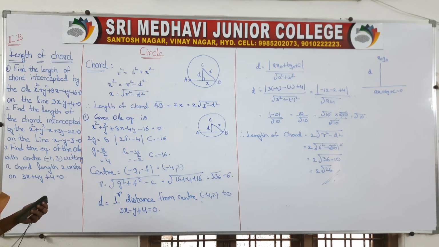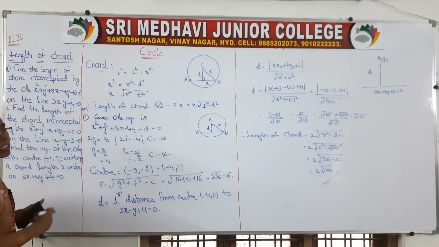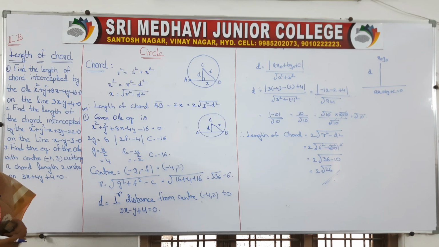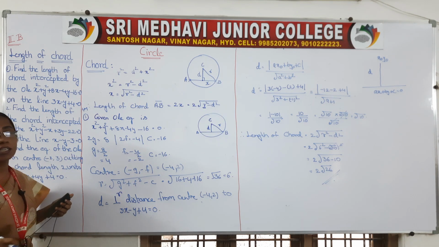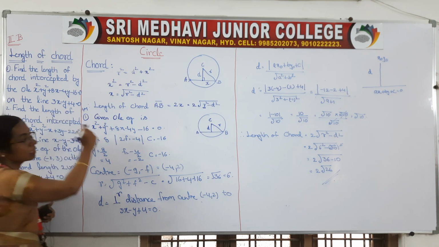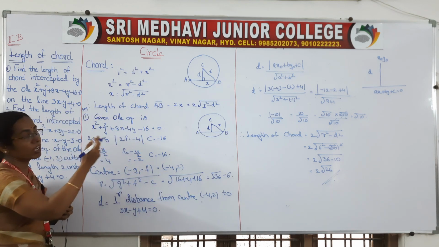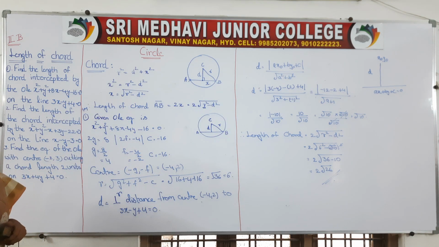So very simple and most expected 4 marks question. We can expect one 4 marks question from these chord problems, length of the chord. One circle equation is given to us and it is intercepted by one line. We have to find the length of the chord.